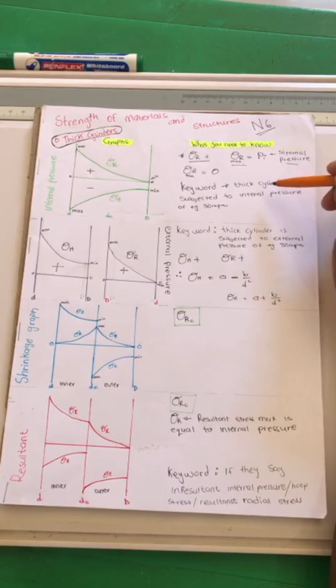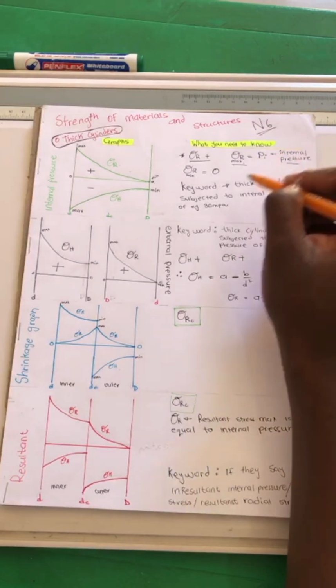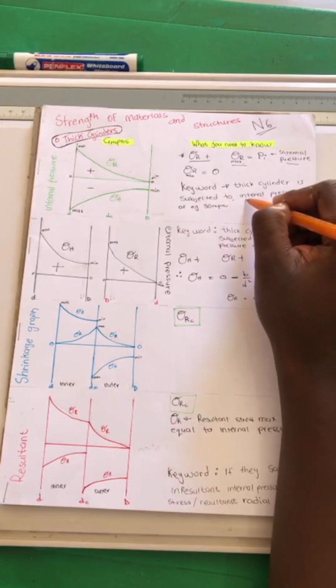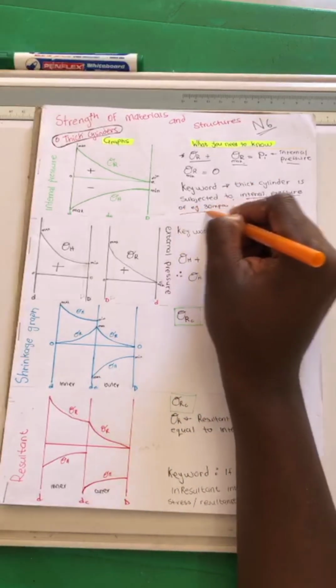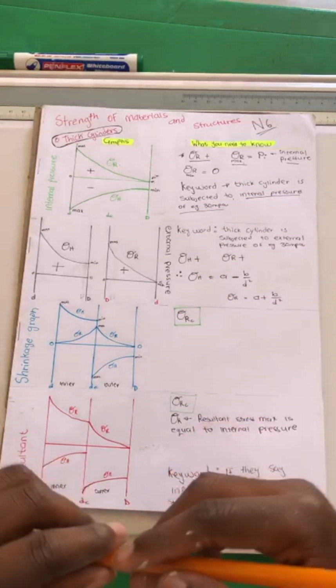So the key word that will give us a hint of which graph we're going to use, because there are going to be many graphs, is "subjected to internal pressure" of a particular magnitude, like 30 megapascals.